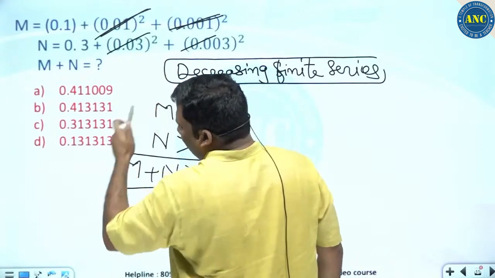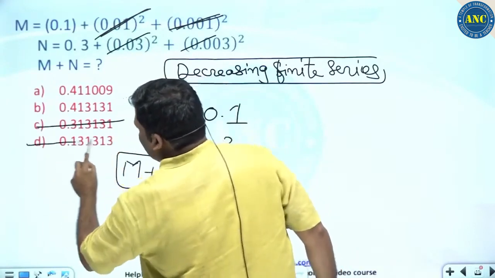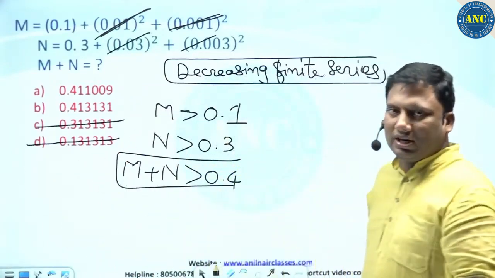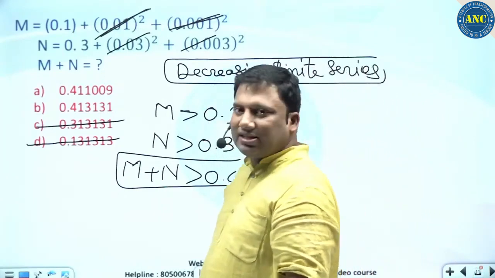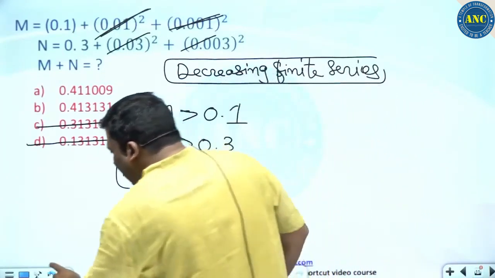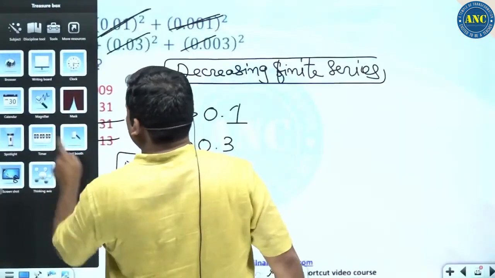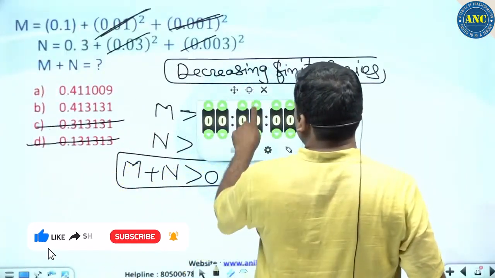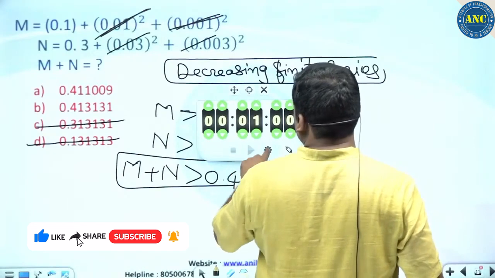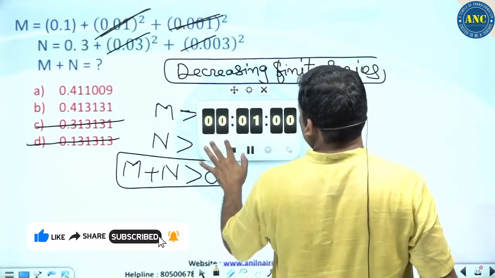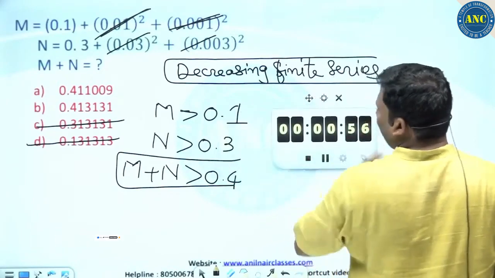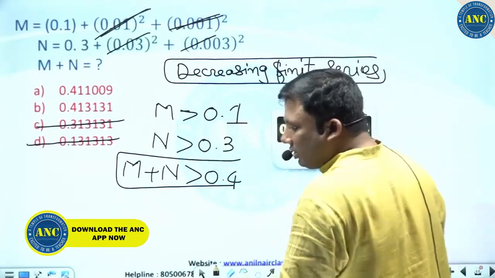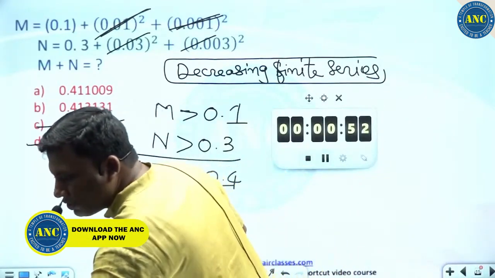This is eliminated, this is eliminated, this is eliminated, this is eliminated. I hope the idea is clear. Right, now take a 1 minute timer and try to solve this question in whatever way that you know. I already eliminated 2 answer options, right?